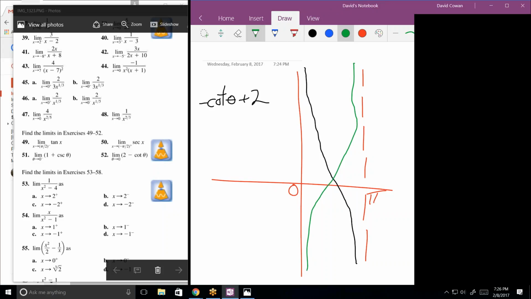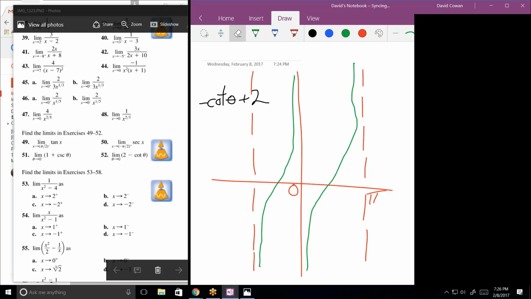Let me first of all draw another. In other words, I didn't draw enough periods of it to show you what it looks like. That's what our function looks like. 2 periods of it. Okay?